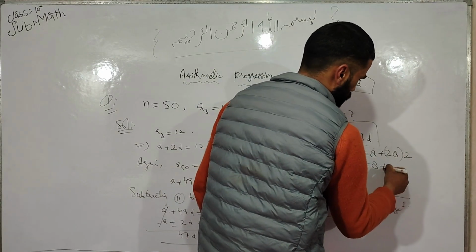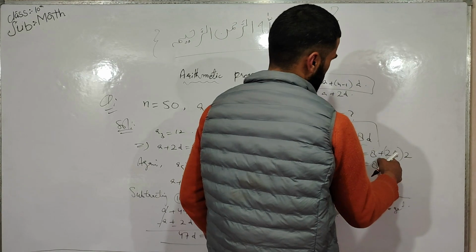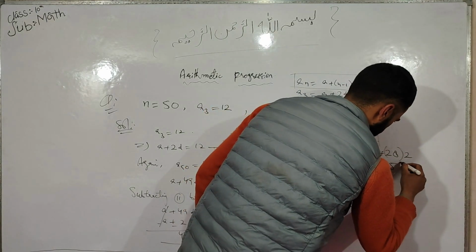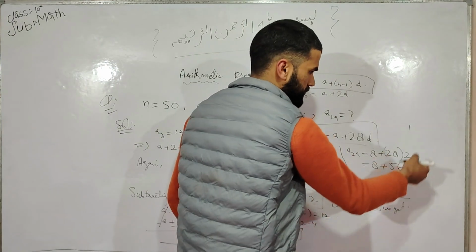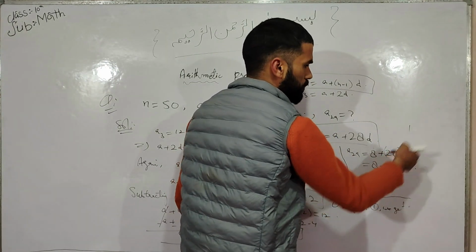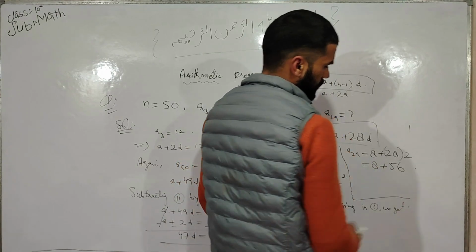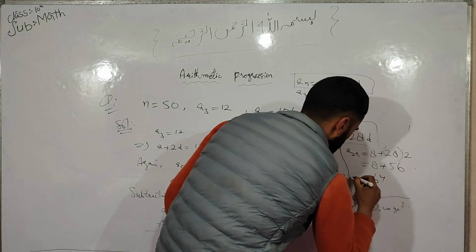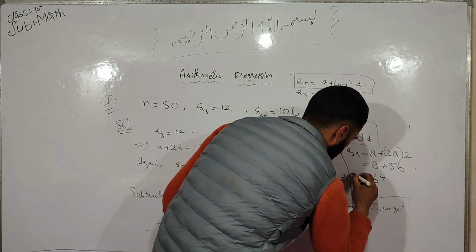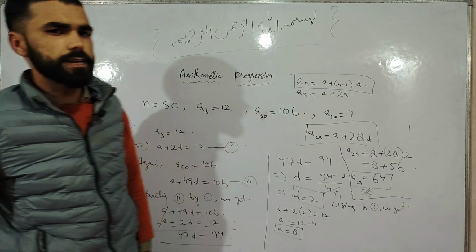This is 56. 2 eights are 16, so 6, 1 is in the carry, and 2 twos are 4, 4 plus 1 is 5. So what will be 8 plus 56? That will be 64. So A29 is 64, and this is your question.